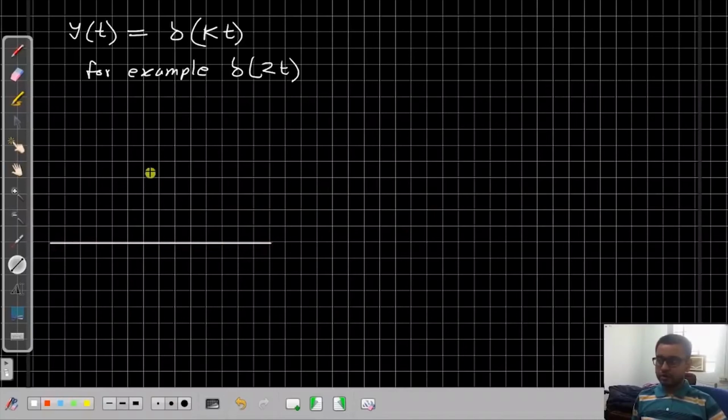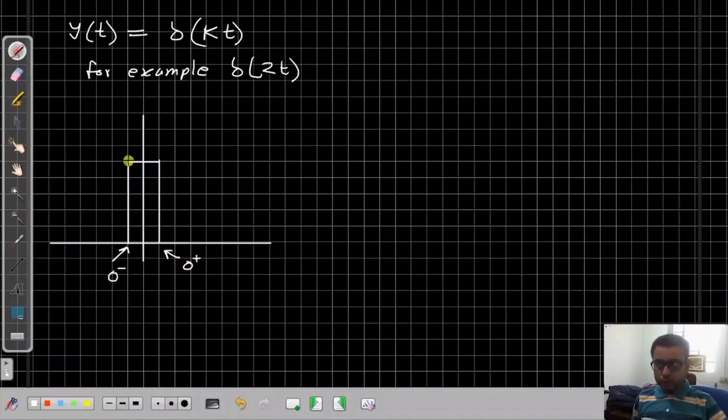Let me draw that in this way. Delta t is a very narrow spike near the origin, near time t equal to 0. Although I am drawing it quite large, let this be 0 minus and let this be 0 plus.